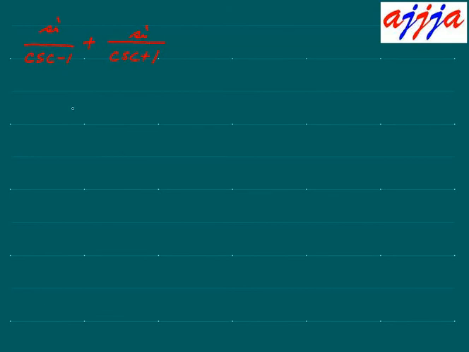That's it. Can you try this monstrous looking stuff right here? It looks big, but actually it's nothing. Let's try the first one. That's sine. This one is 1 over sine, so we're going to change that one to sine. So sine over 1 over sine minus 1, plus sine over 1 over sine plus 1.